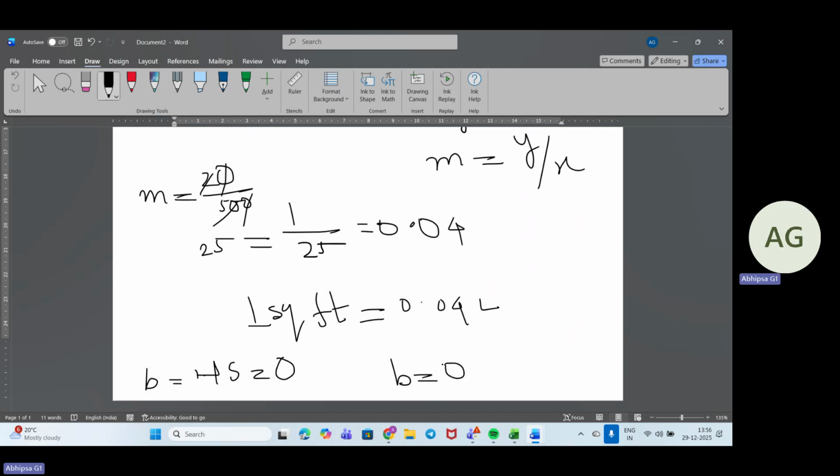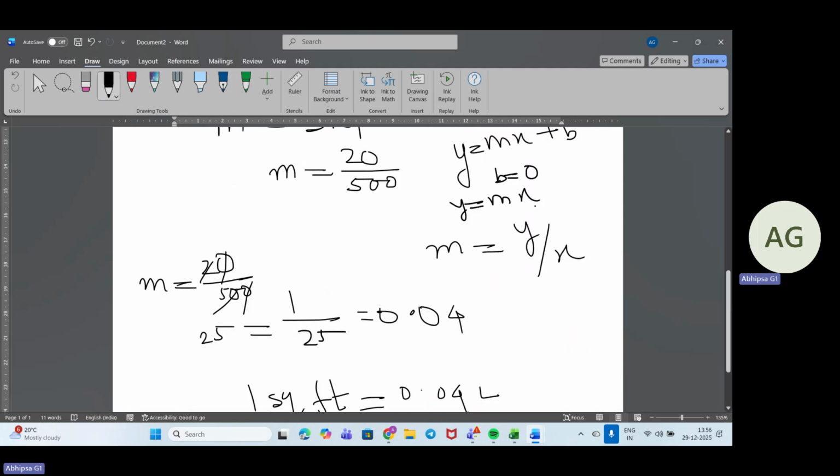when b is equal to 0, we are getting the price p equal to 0.04 into the house size, basically y equal to mx. As I mentioned, y equal to mx plus c, or rather b, to be very precise.